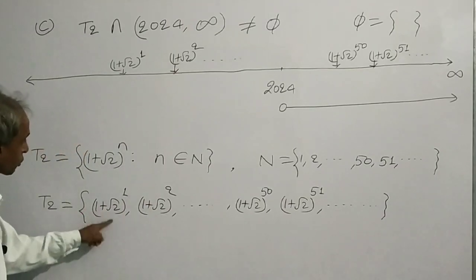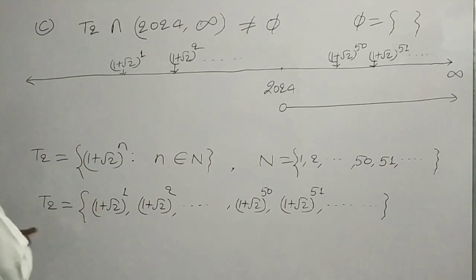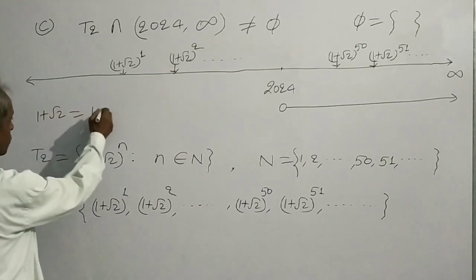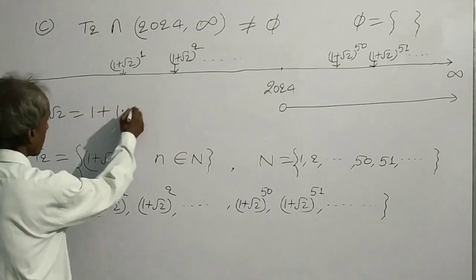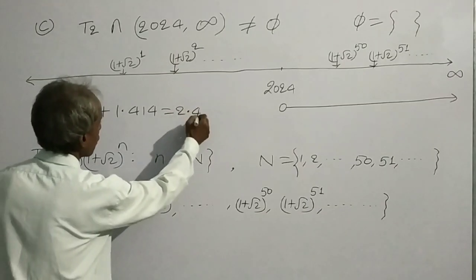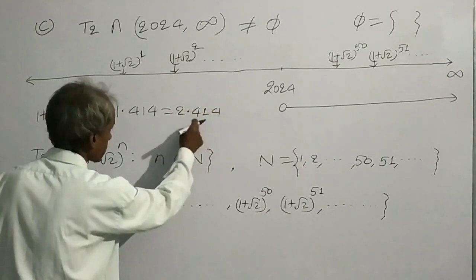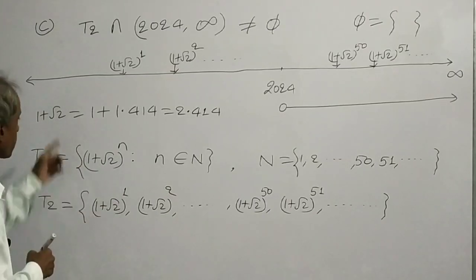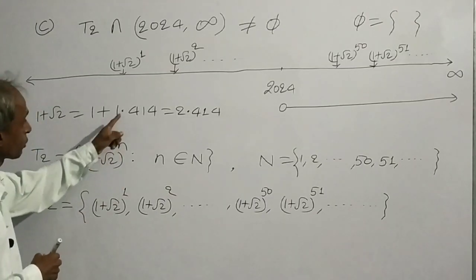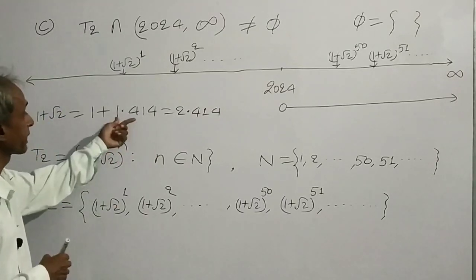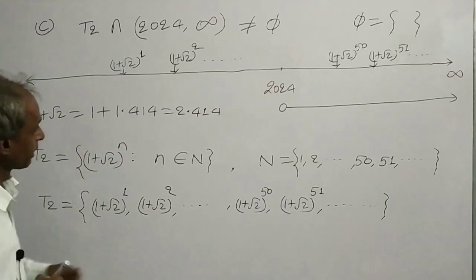1 plus root 2 is equal to 1 plus 1.414, that is 2.414 approximately. Root 2 is an irrational number. This is not exactly equal to 1.414 but approximately equal to this.